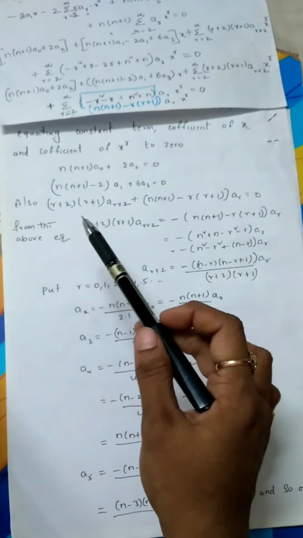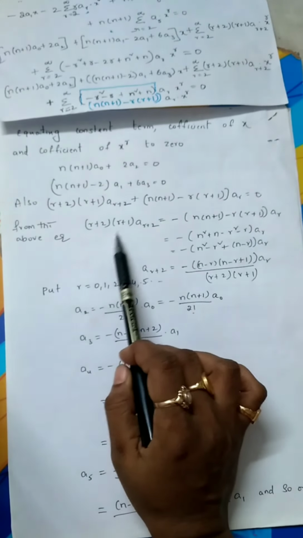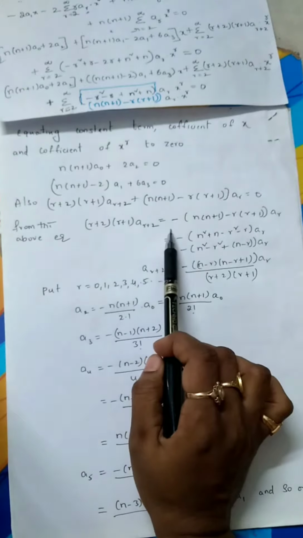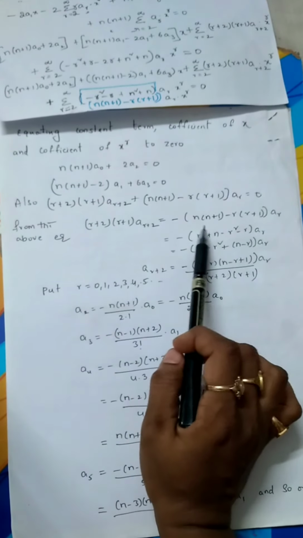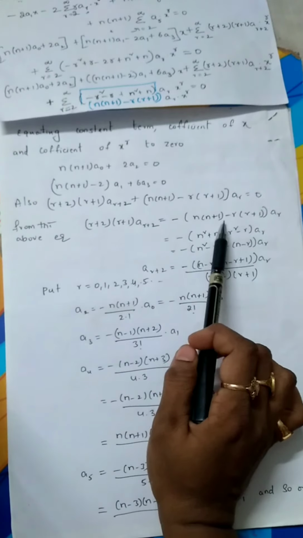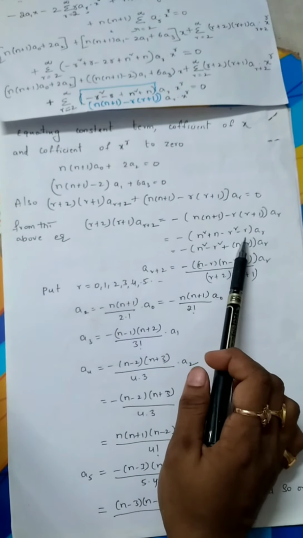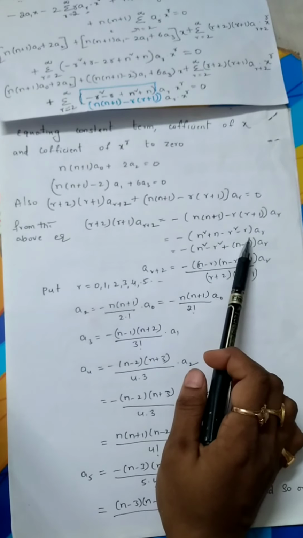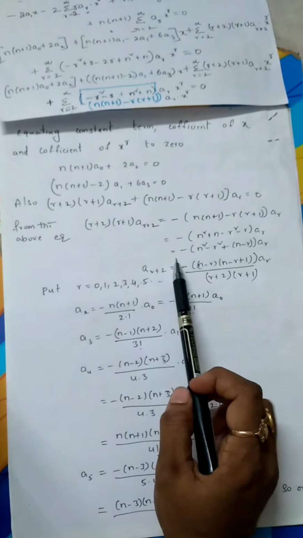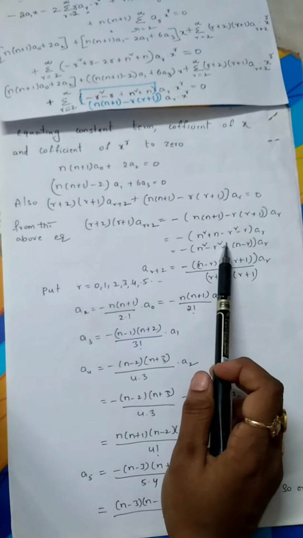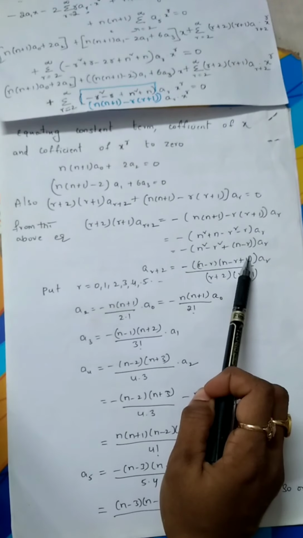From this equation, (r+2)(r+1)a_(r+2) equals, when plus goes to the other side it becomes minus, n(n+1) means n squared plus n, r(r+1) means r squared plus r, minus [n squared minus r squared] plus [n minus r].